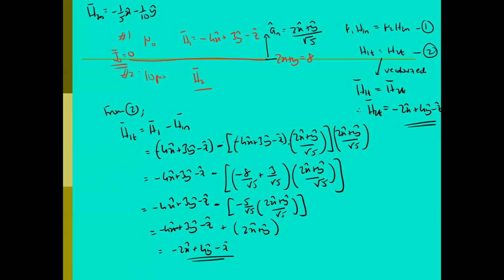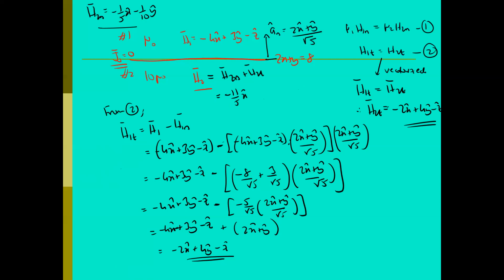And from the H2n that we have obtained earlier, and we have the H2t, from here we can find the H2 vector straight away, in which the H2 vector shall be equal to H2n vector plus the H2t vector. We're going to get -2 plus -1/5 of x, which will give us -11/5 of x.